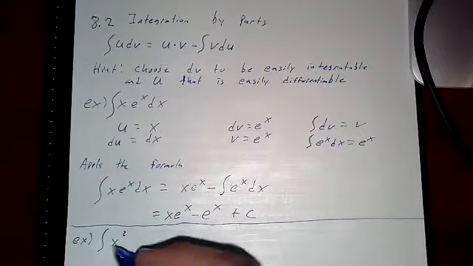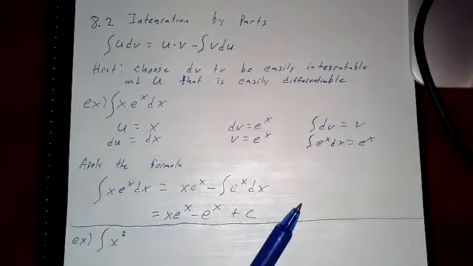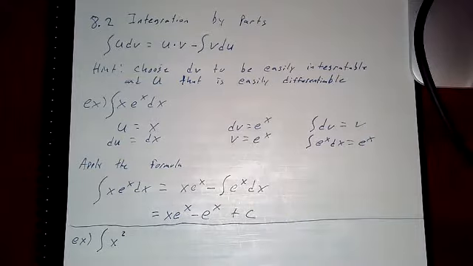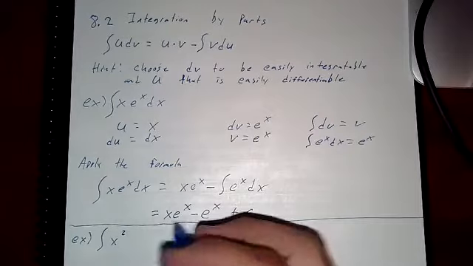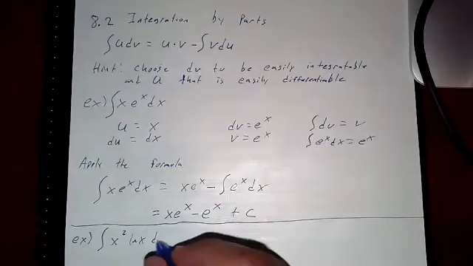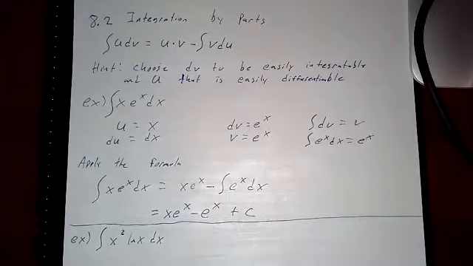Okay, the integral of x squared times ln x dx. What do you guys think should be dv and u?